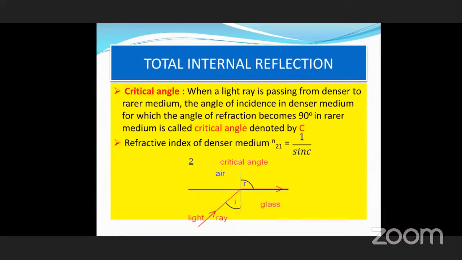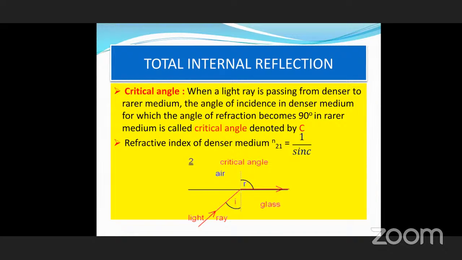So light is traveling from denser to rarer. Then we can see the red light, which is the refracted ray, traveling parallel to the surface where these two media are separated.